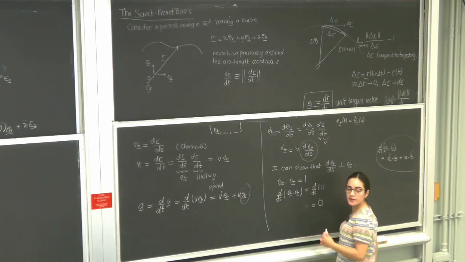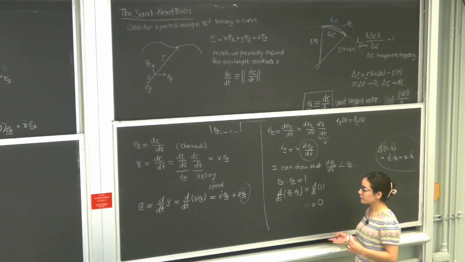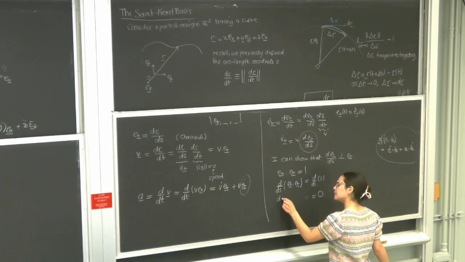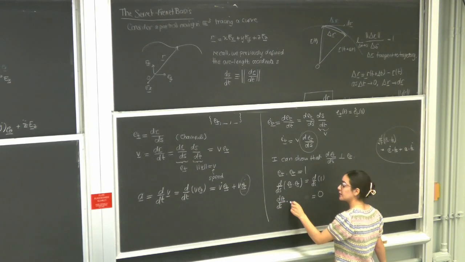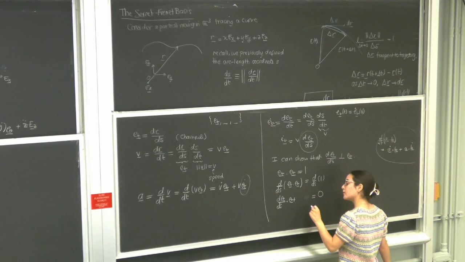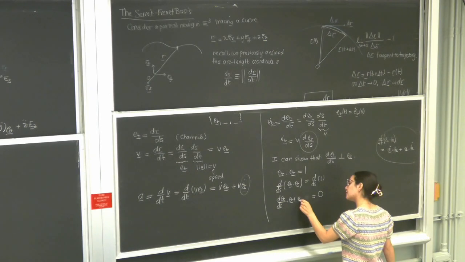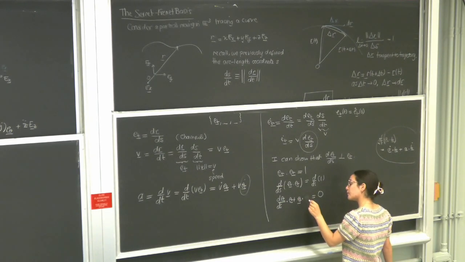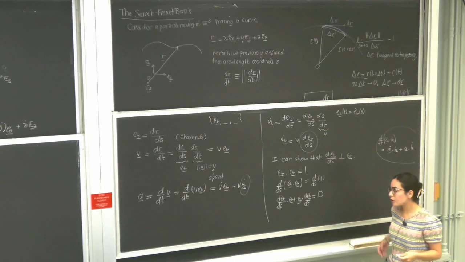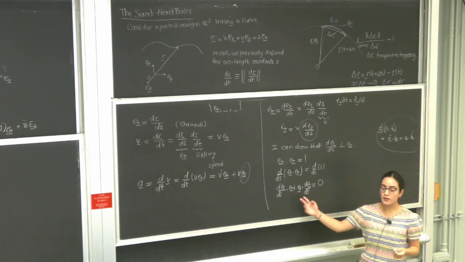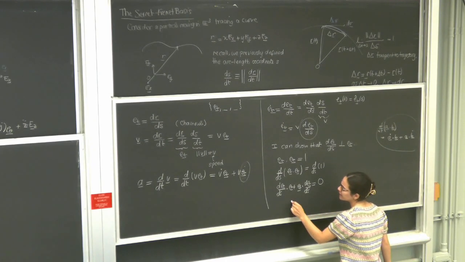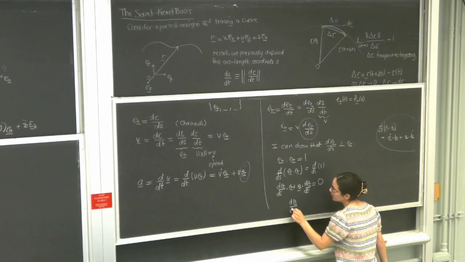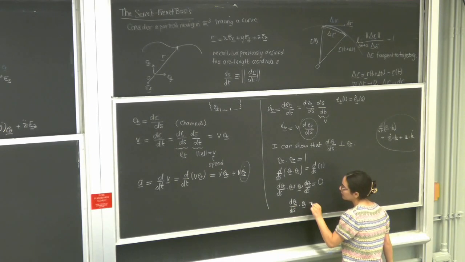Let's do it step by step. My first term is de_t by ds dotted with e_t, plus e_t dotted with de_t by ds. And because the dot product is commutative, I can flip these two and they're going to be equal.